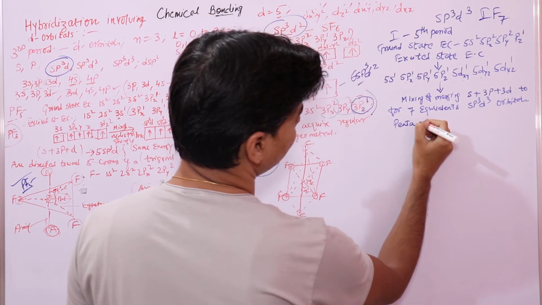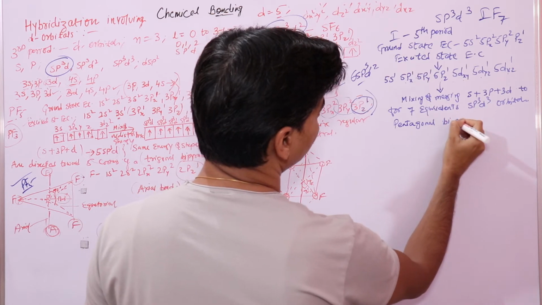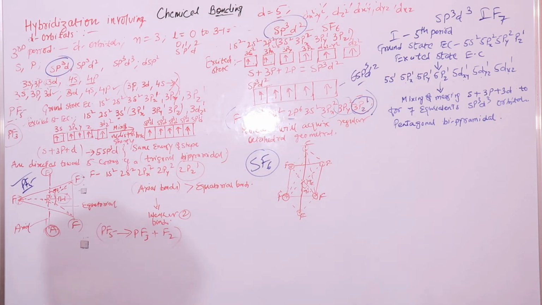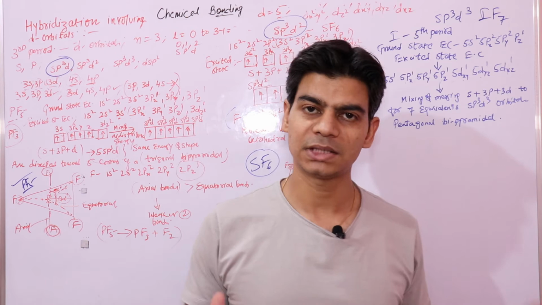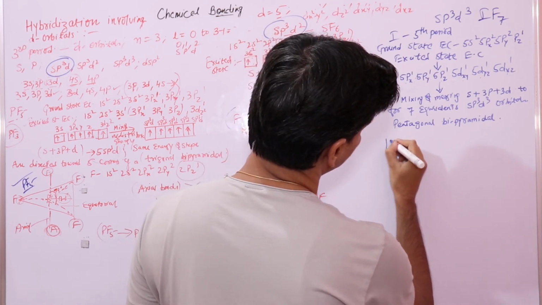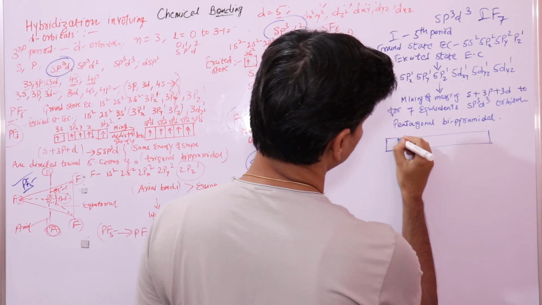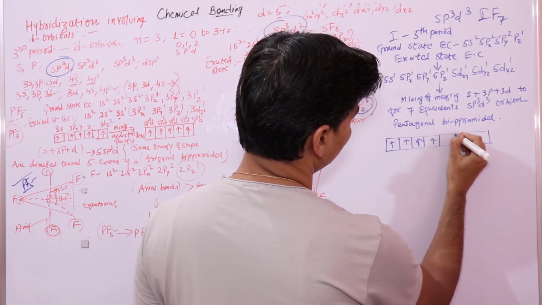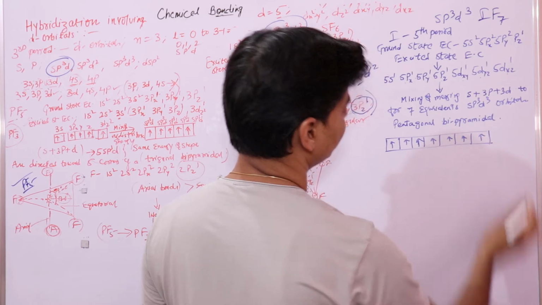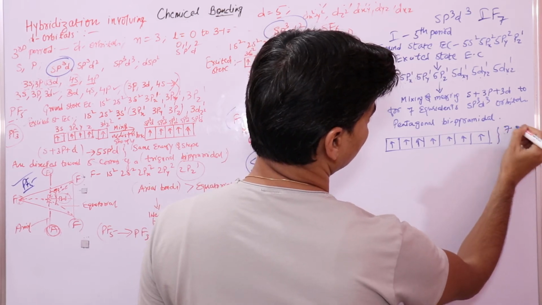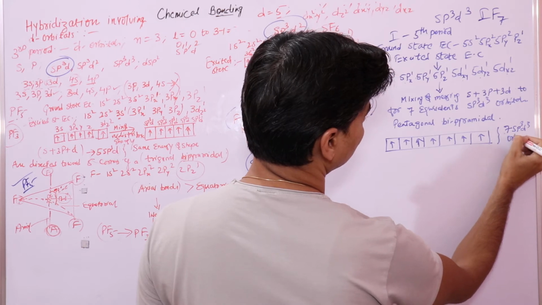Pentagonal bipyramidal has 7 corners, and we have these 7 singly filled orbitals, 1, 2, 3, 4, 5, 6, 7, all of them sp3d3 orbitals.